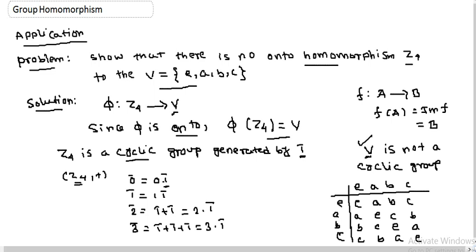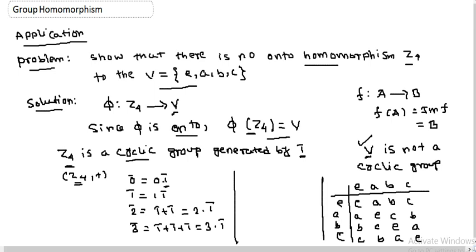Now remember that the previous result says that the homomorphic image of a cyclic group is cyclic. So because Z4 is a cyclic group, phi of Z4 must be a cyclic group. So let me write that down.